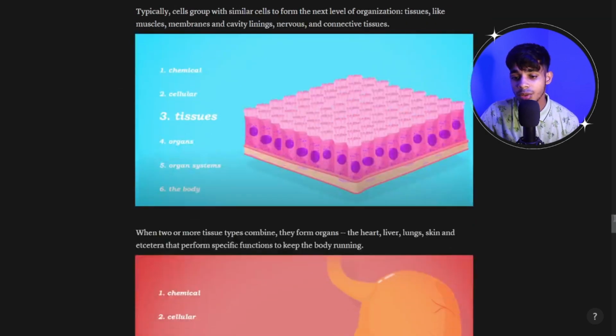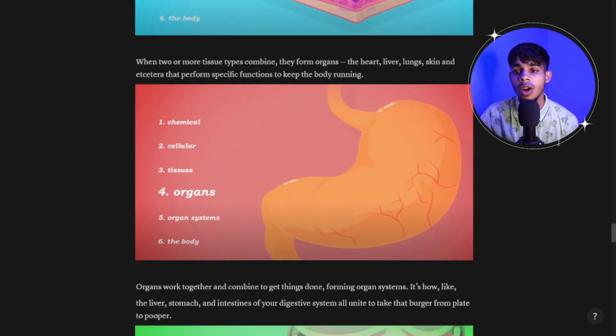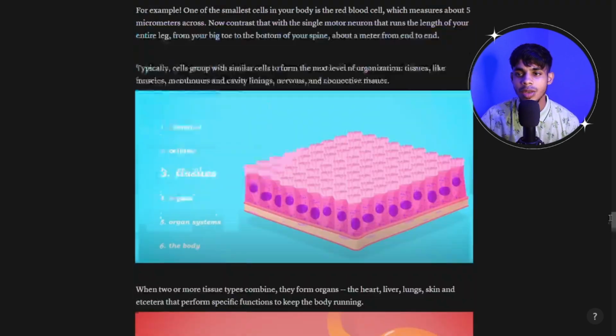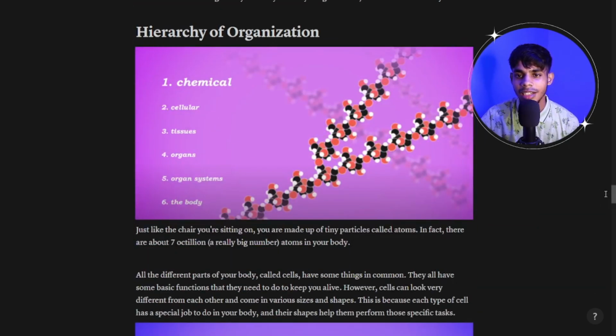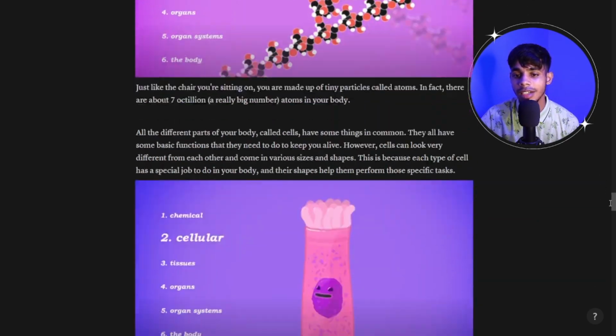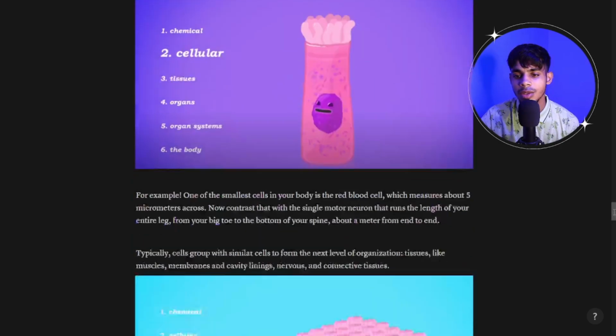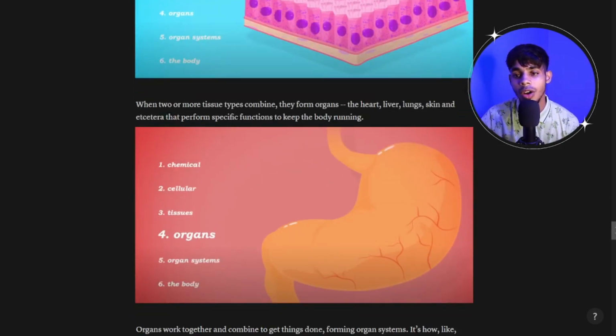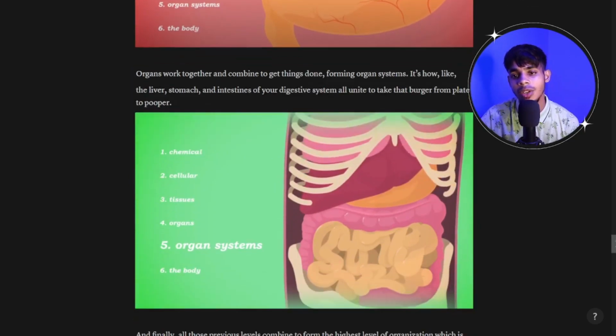A group of tissues collectively will form an organ, such as the heart, the liver, the lungs, the skin, etc., basically performing the different functions of the body, keeping the body moving along as you are alive. So summarizing again, a group of atoms will make a cell, a group of cells will make a tissue, a group of tissues will make an organ, and a group of organs will make an organ system.